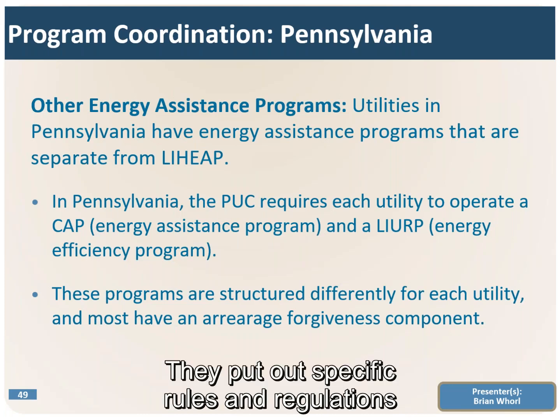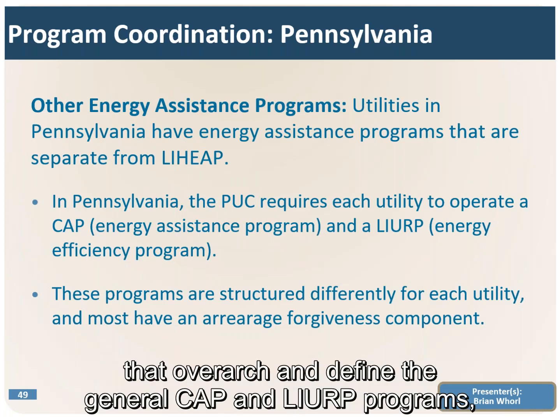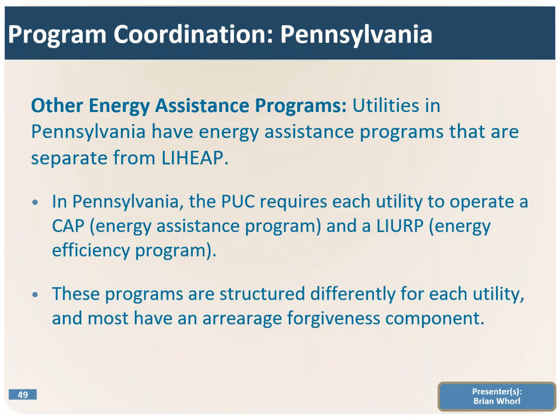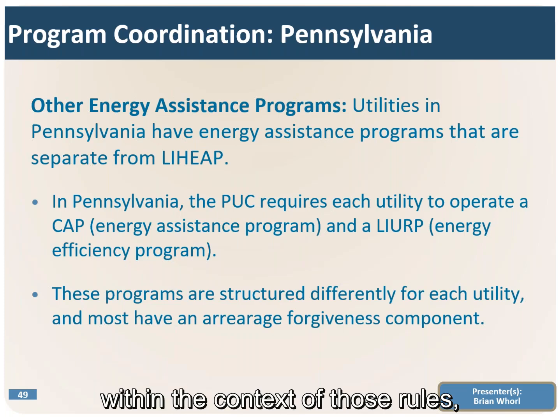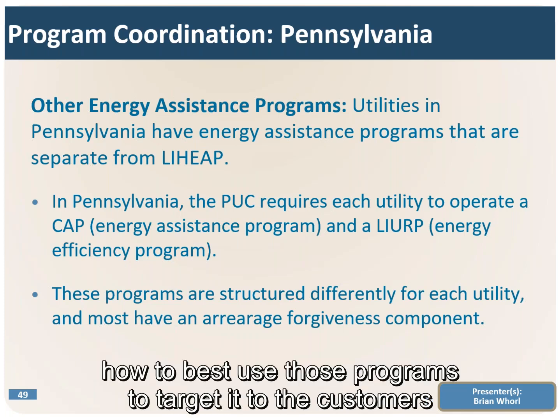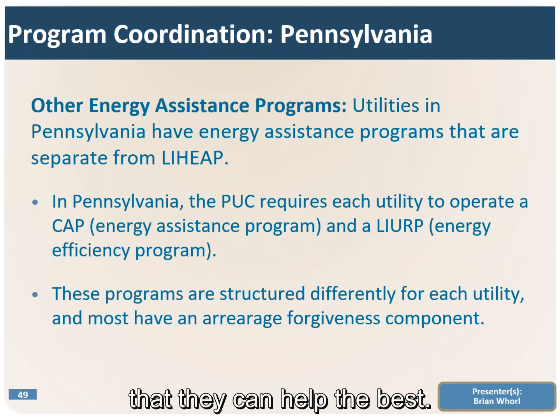They put out specific rules and regulations that overarch and define the general CAP and LIURP programs, but those utilities can then decide within the context of those rules how to best use those programs to target it to the customers that they can help the best.